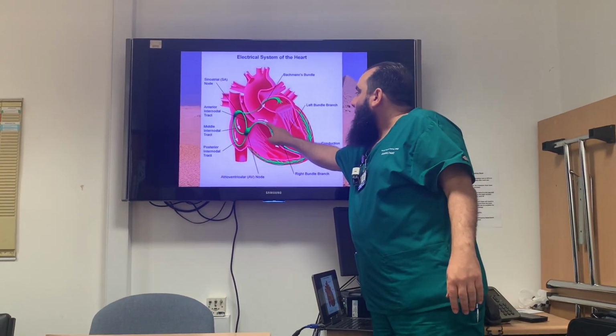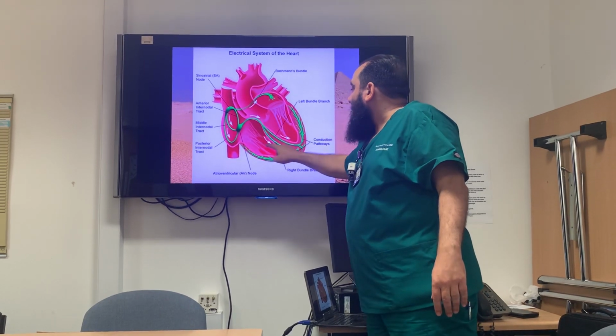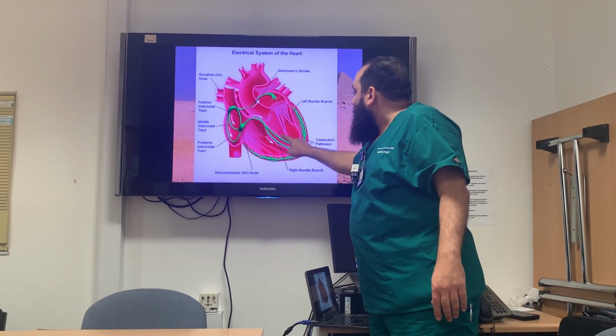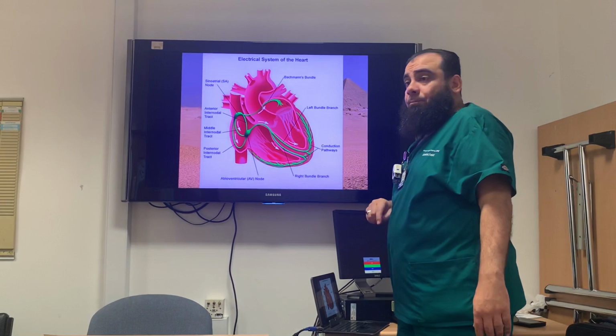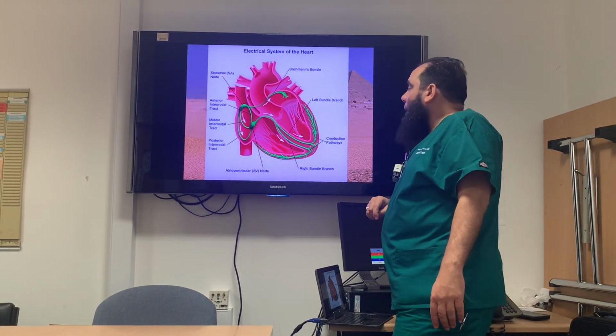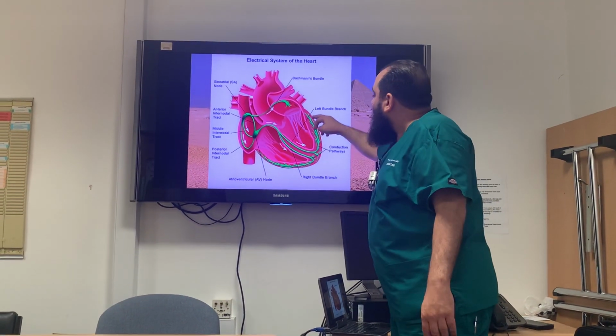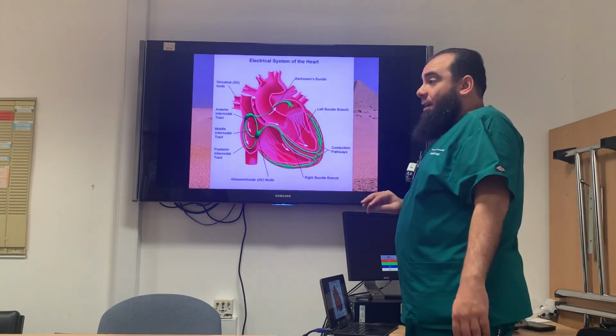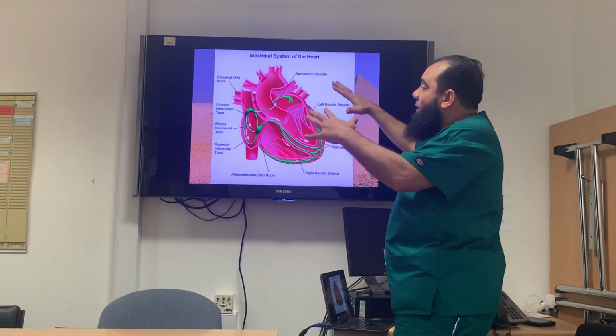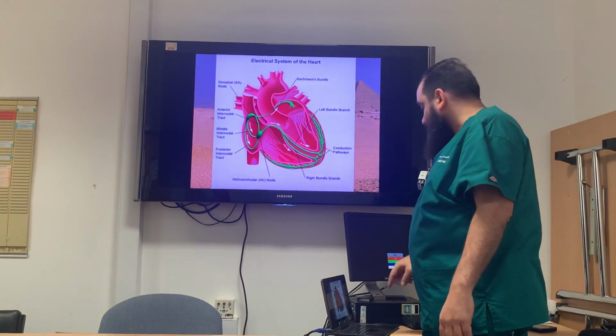Initially it goes to the main branch, the AV bundle, and then to either the left or right branch, and from there to the Purkinje fibers and excitation of the ventricles. This is how the electricity runs quickly in the heart.